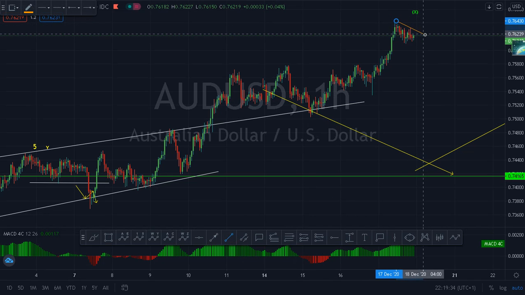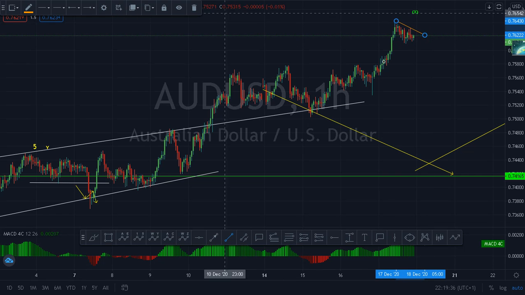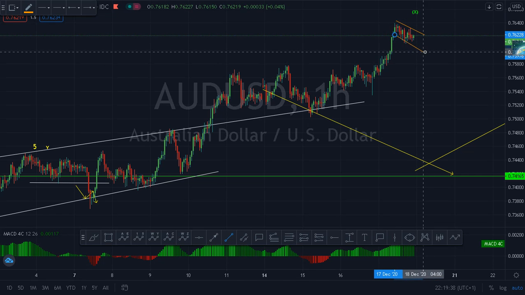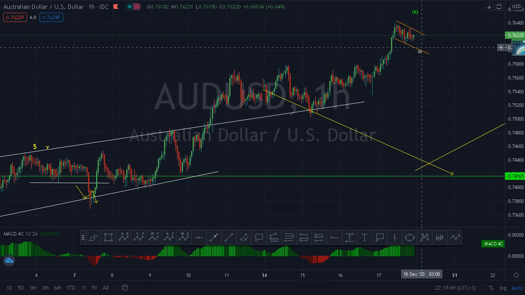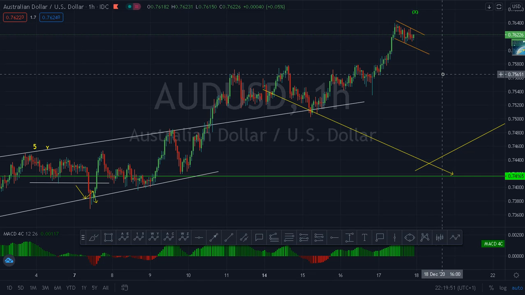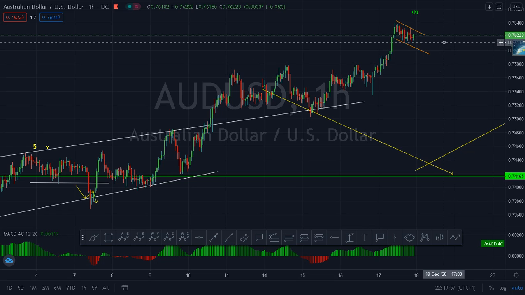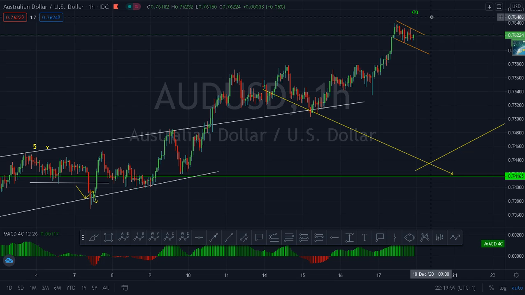This type of move, when it happens, if price breaks this channel, it will still be going up. So if you have an open trade on Australian dollar, US dollar, you can still wait for a higher move.